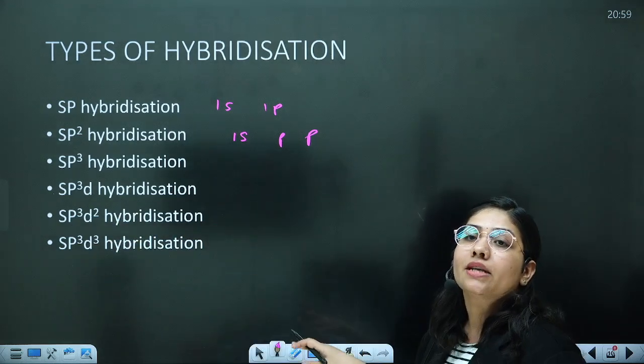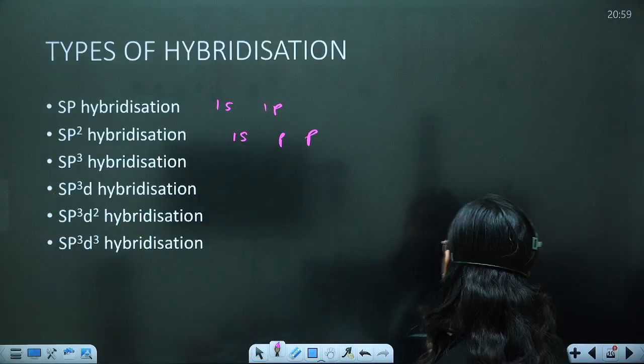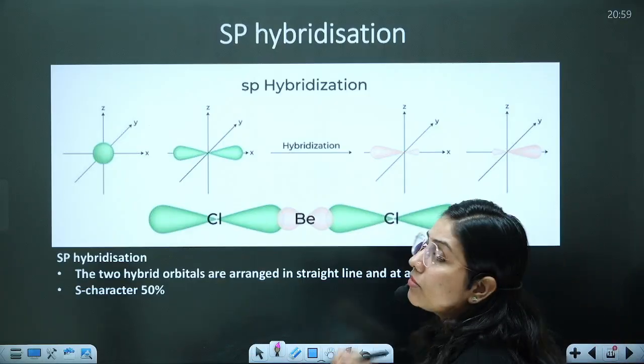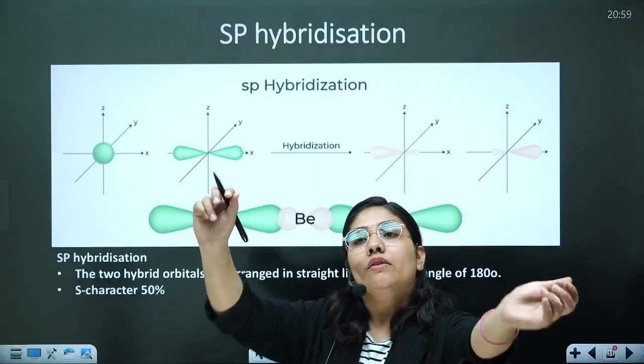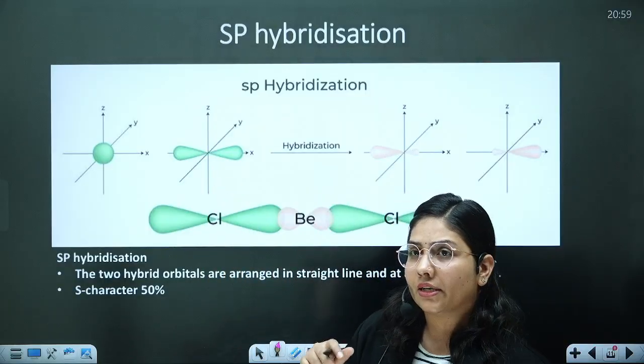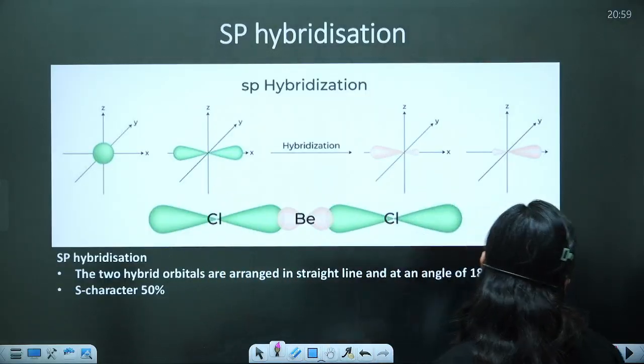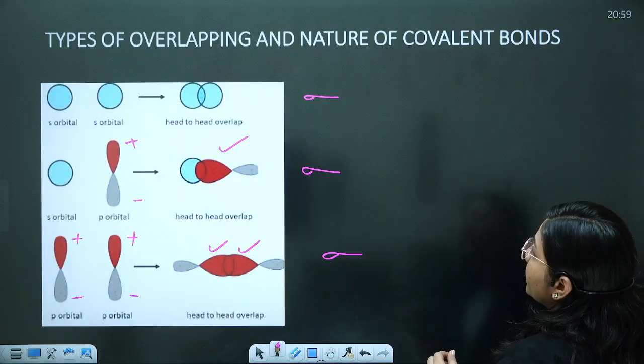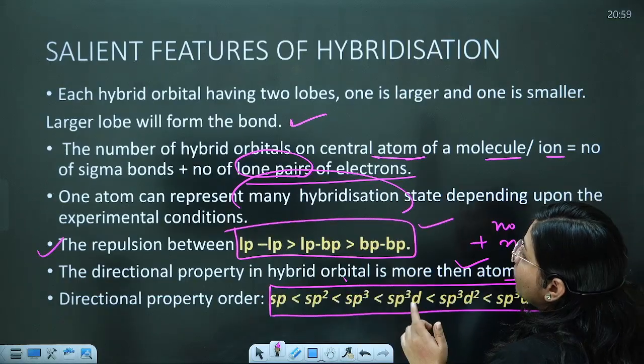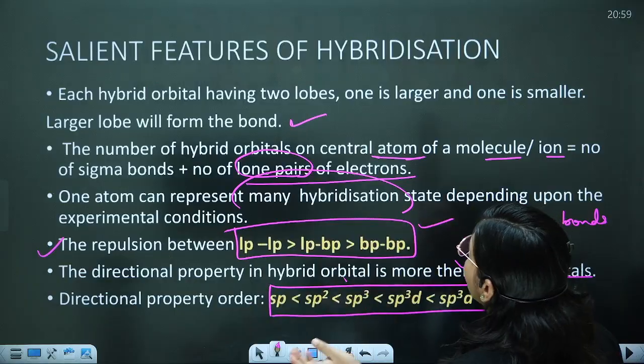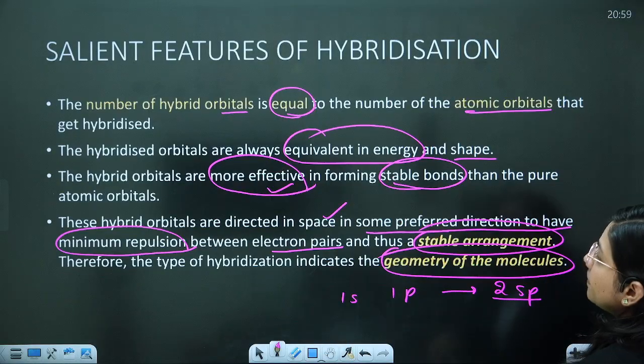These are the hybridizations we will discuss. One of the things I have left there, I guess, in the previous slides, that I have told you we will discuss in the upcoming one.